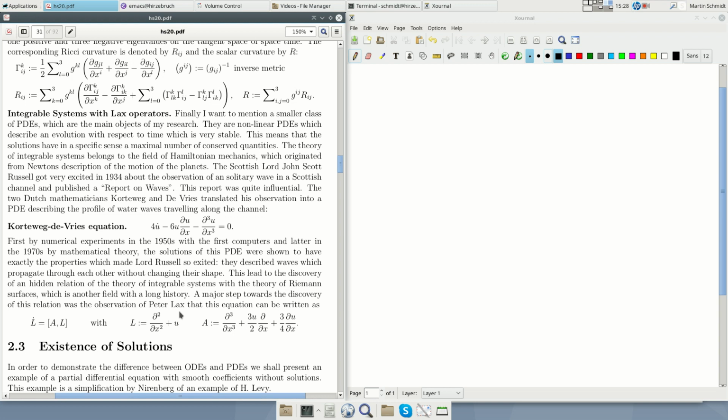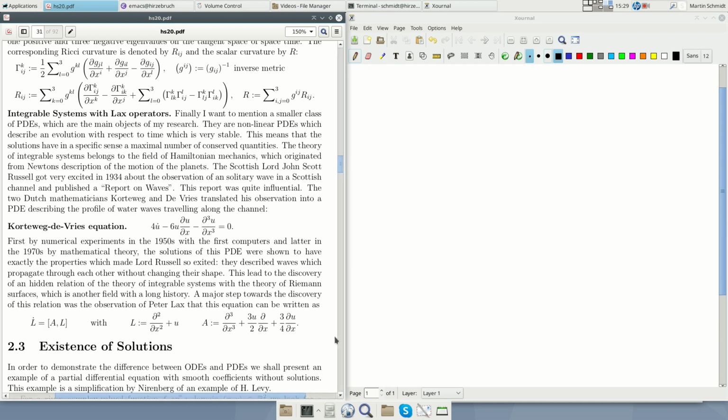And so this finally led to a completely new description of these integrable systems, and one understands now that all the integrable systems which were known before also fit in this scheme. So they also have some relation to Riemann surfaces.